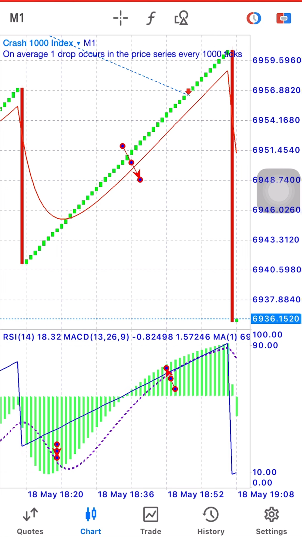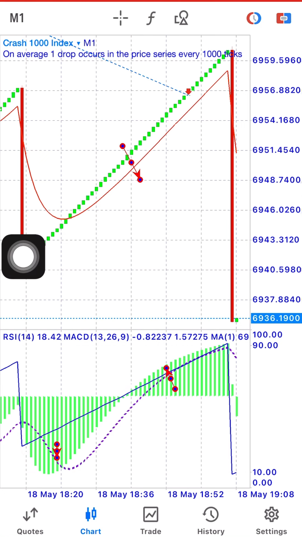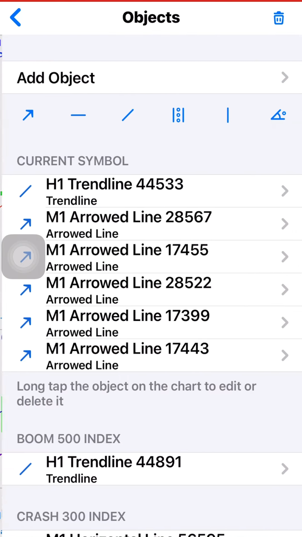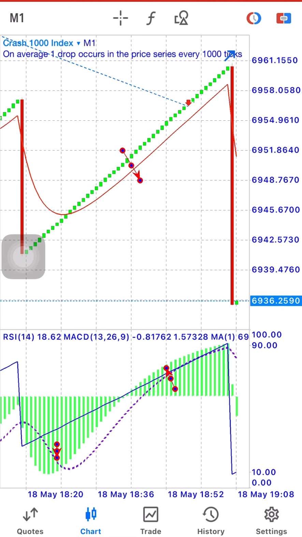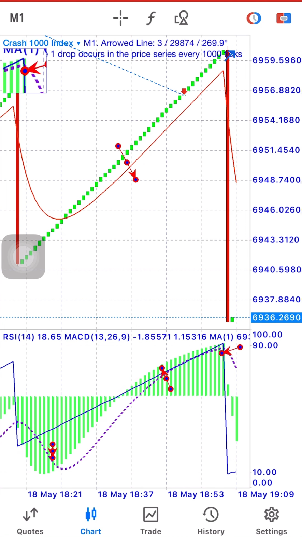Then where can we find the overbought level? Now the overbought level is, you see this blue line up there, this 90 level is actually the overbought level.